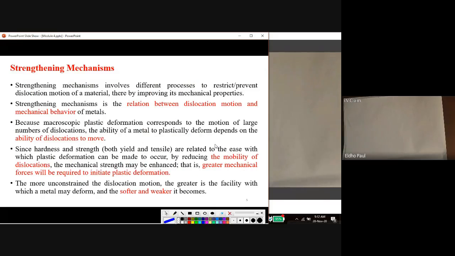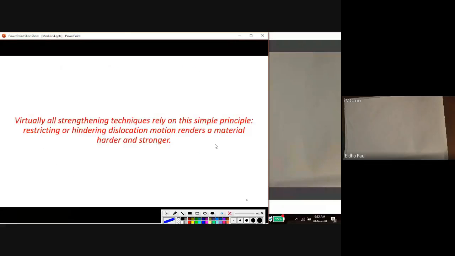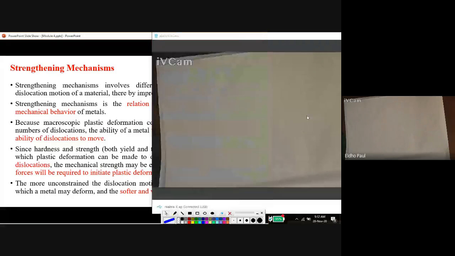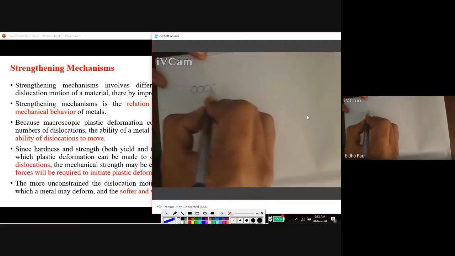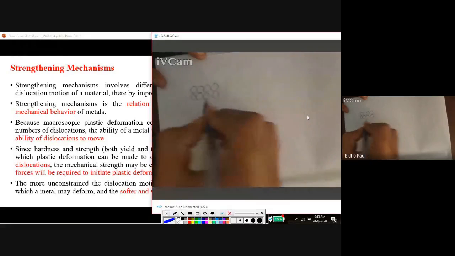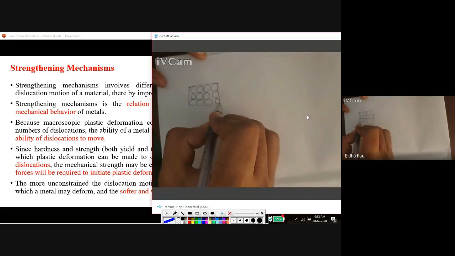The first area is strengthening mechanisms. We know if we take a pure crystalline material, for example iron, this is a pure crystalline material.